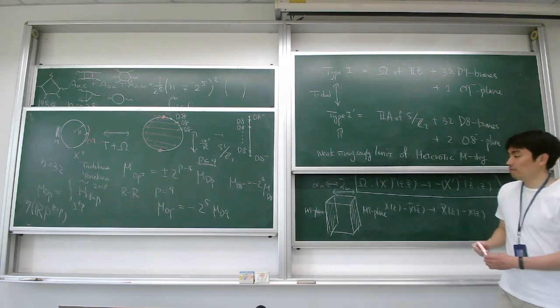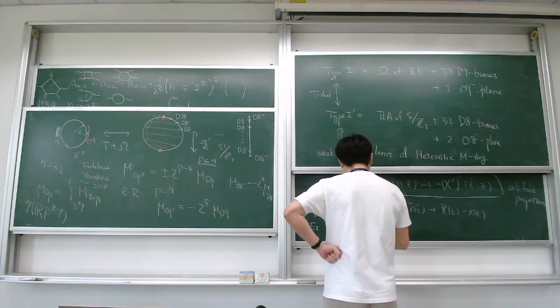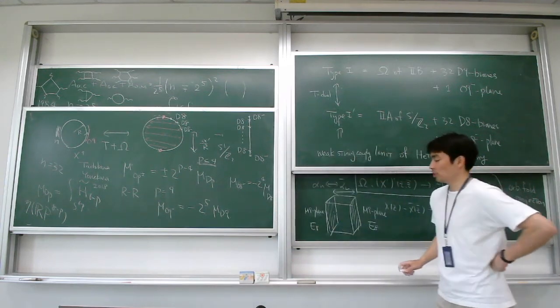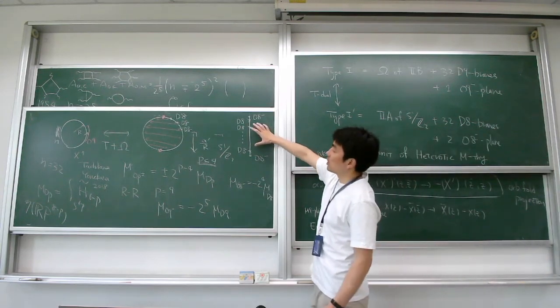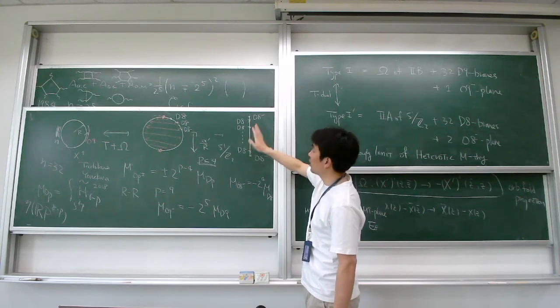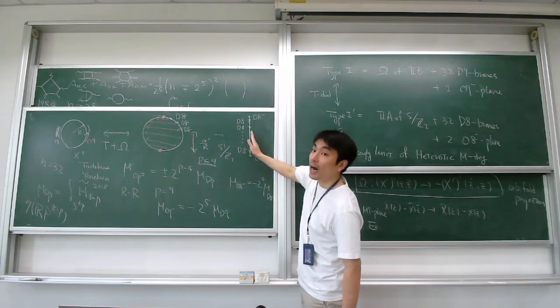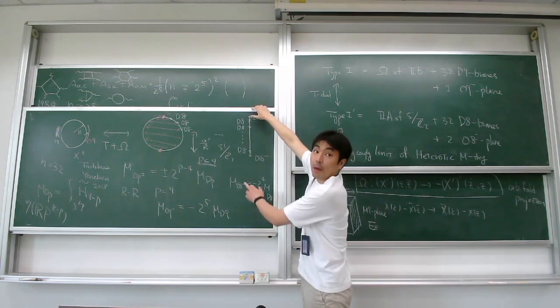Then you have E8 plus E8, the gauge group is E8 times E8. 16 D8 branes go to here, and the other 16 go to the upper side.